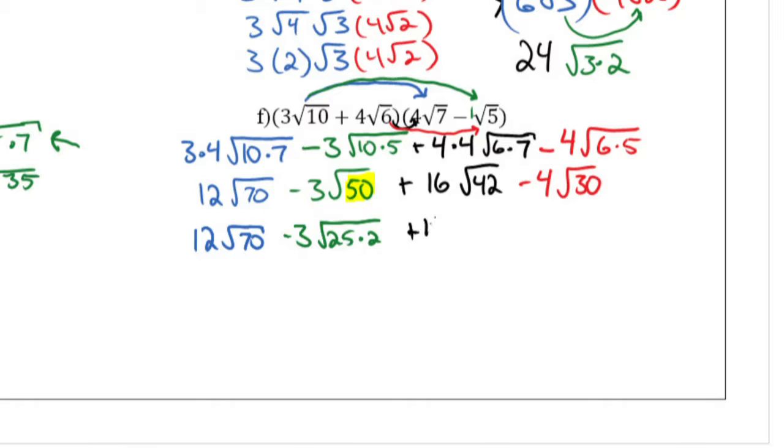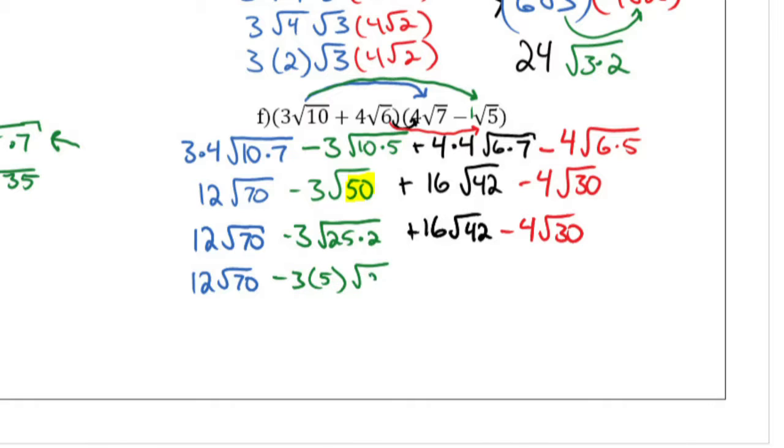I'm going to just rewrite everything else. And I'm going to have this 12 root 70, negative 3, and then the square root of 25 is going to give me 5. So I'm going to pull that out, rewriting everything else.